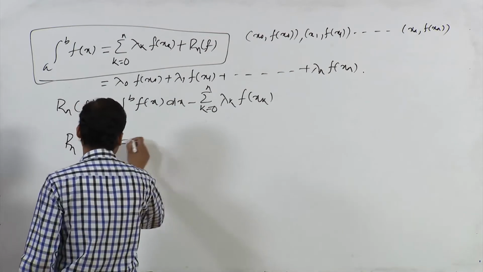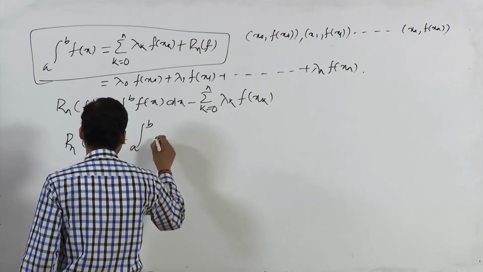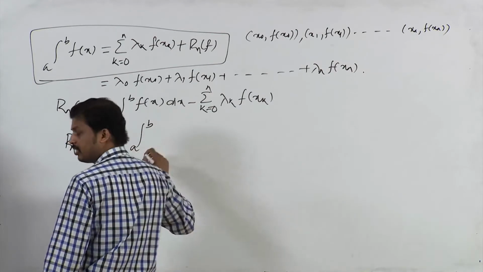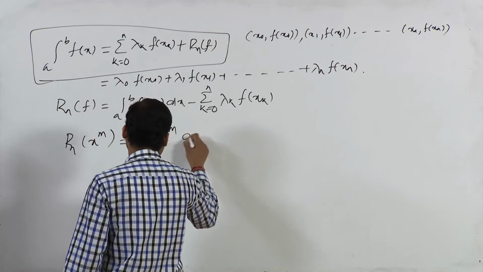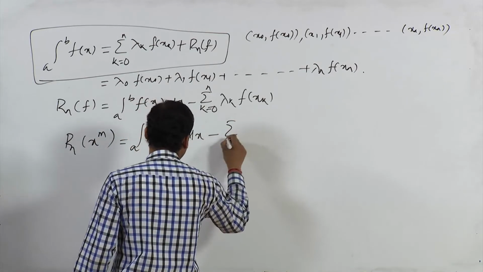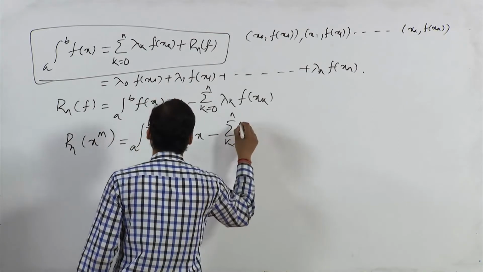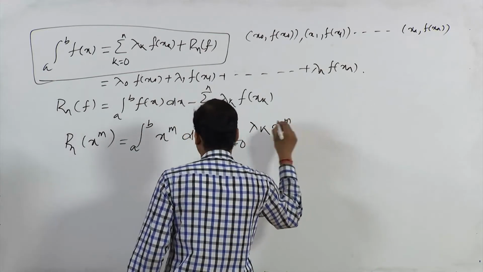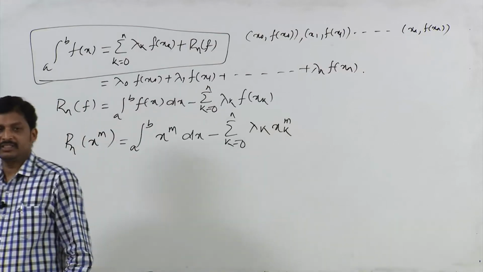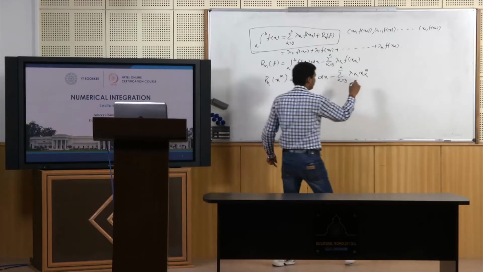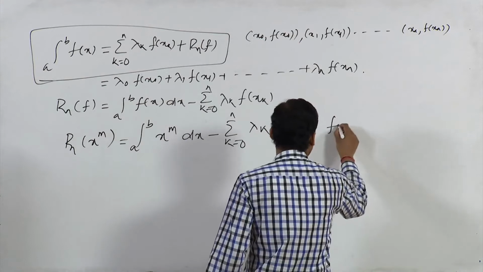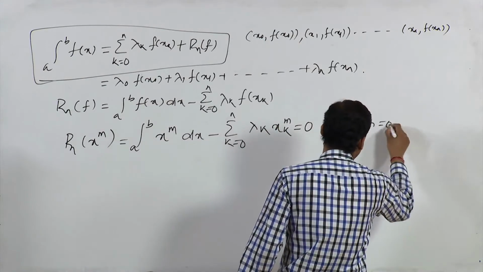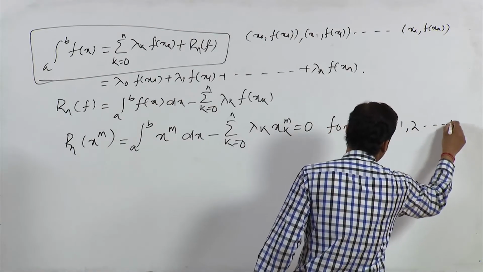equals the integral from a to b of x to the power m dx minus summation k equals 0 to n lambda k xk to the power m, which equals 0 for m equals 0, 1, 2 up to p.